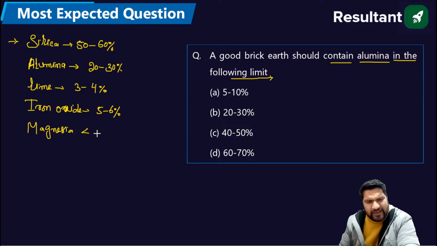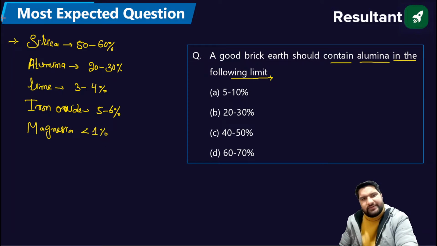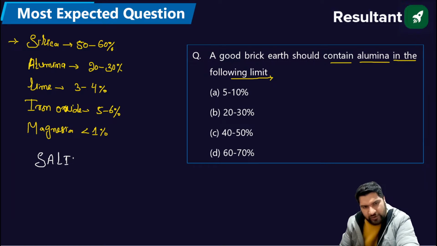So what is the common trick to remember the order? I'll write down SALIM. S is silica, alumina, lime, iron oxide, and the last one is magnesia. You can write down the order.